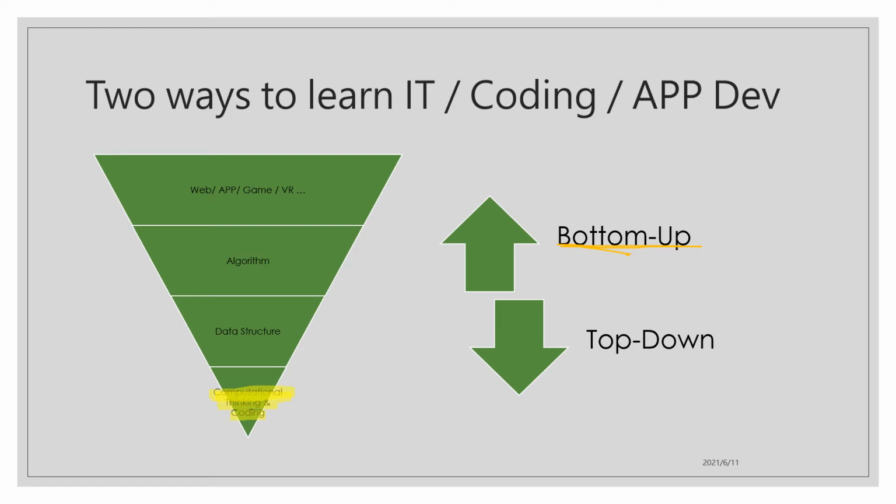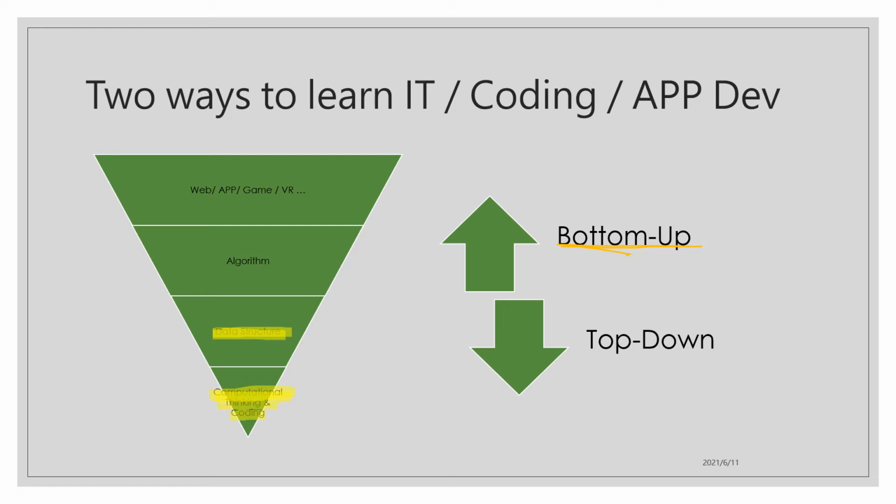Then you will be asked to learn data structures: how to use the tree structure, the graph model, and different kinds of data structures to solve complicated computer science problems.